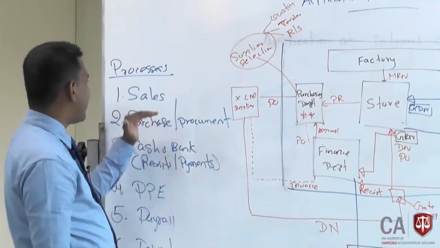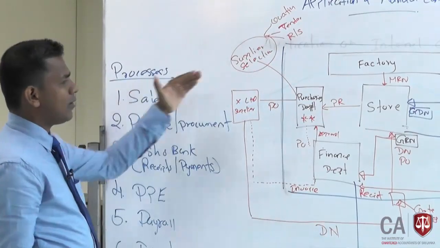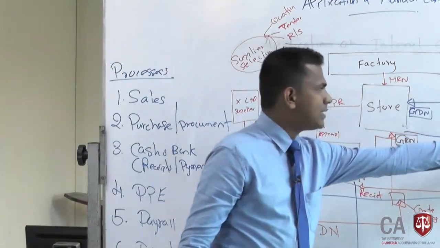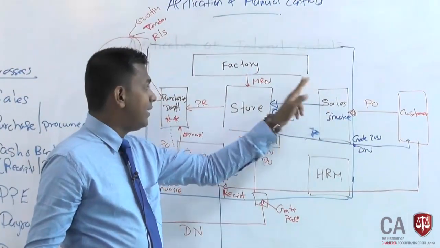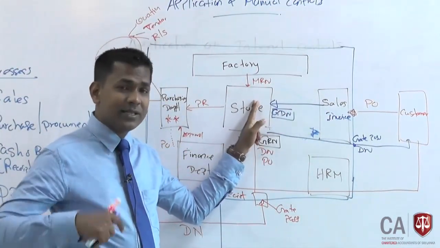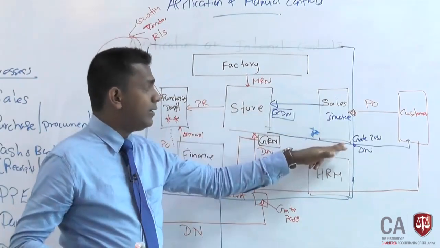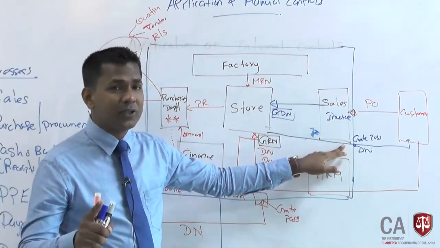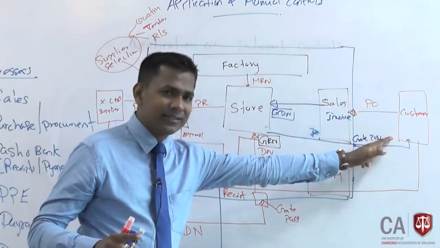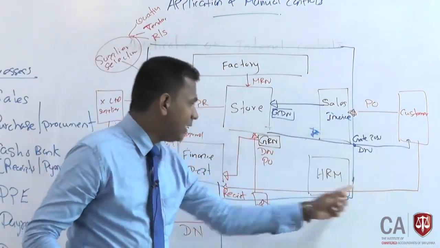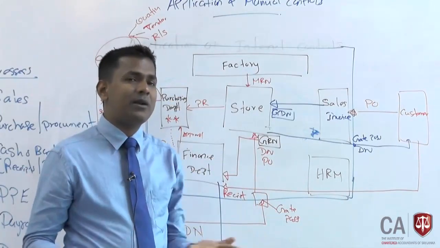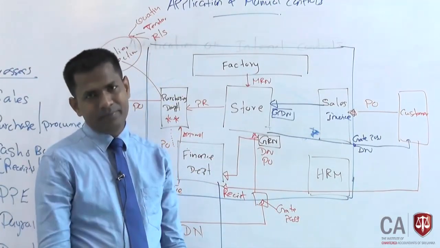So basically, if you look at the sales process I just told you. The customer sends a PO, the sales department evaluates the creditworthiness, and then it comes to the store, which raises a GDN, then the goods are delivered. At the time of delivery, the gate pass should be raised, and it goes to the customer. Then follow-up action will be taken to collect the money, then the money will come. At that time, the finance department will raise the receipt.